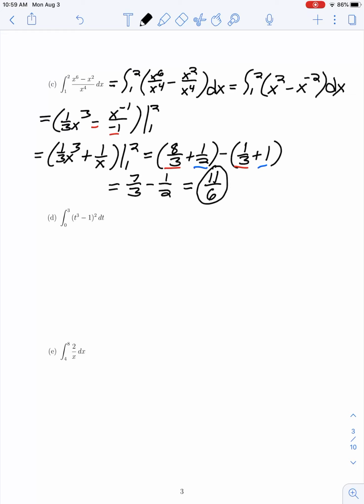Now in part D, we have something sort of similar to what we had in part C, but instead of integrating a quotient, we're integrating a product. We have (t cubed minus 1) quantity squared. We know that the antiderivative or integral of a product of functions is not just the product of the antiderivatives or the integrals.